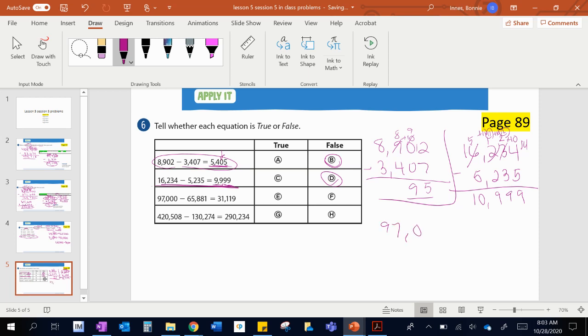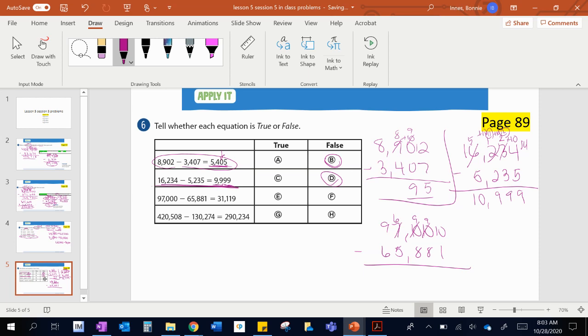9,000 minus 65,881. Ones place I can't do. Tens place I have no tens to regroup. So I keep on going to the left. 7 becomes a 6. This becomes a 10. Regroup. Becomes a 10. Regroup. Now I have some 10s.